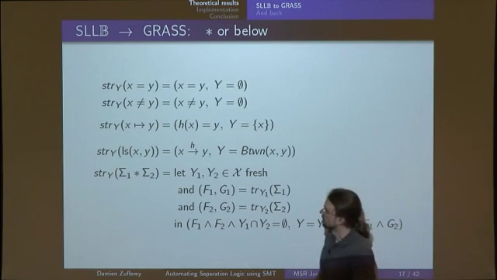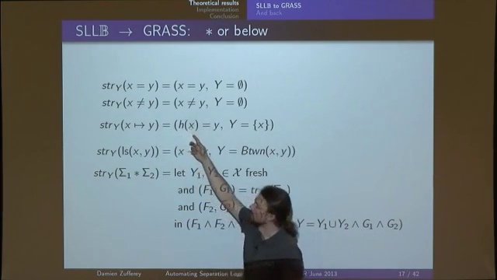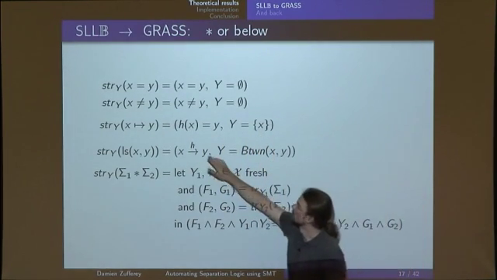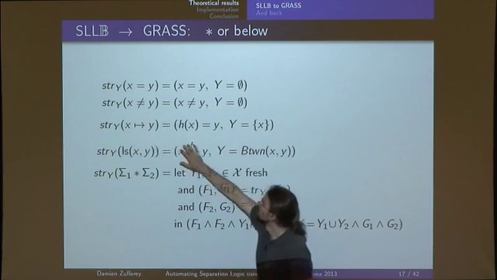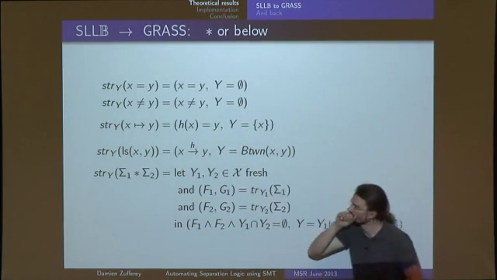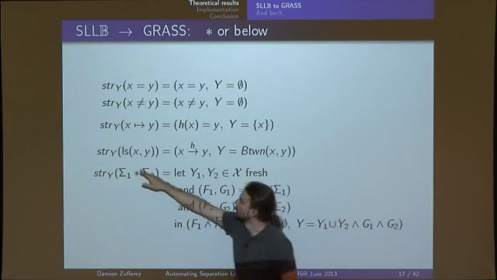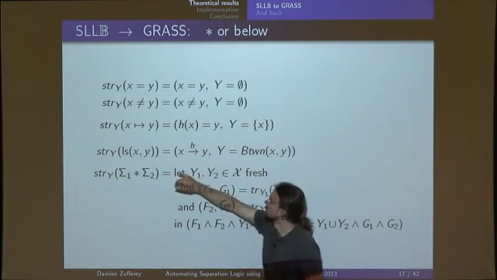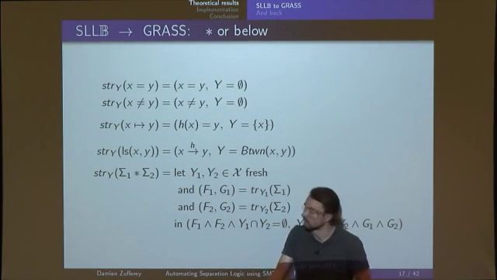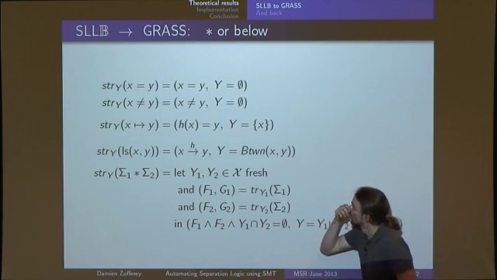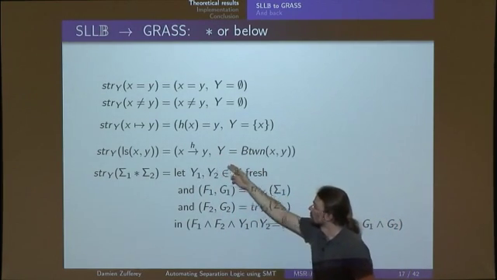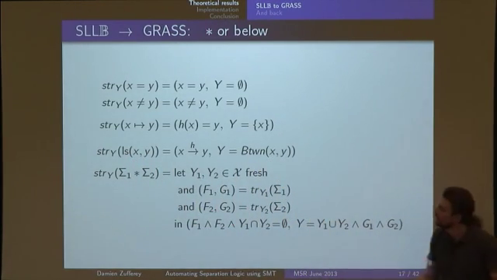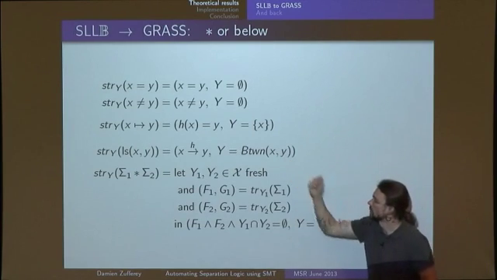Now for the translation of x points to y, we say that the successor is y, and the definition of the part of the heap over this formula is interpreted as x. Now for the list segment from x to y, we map directly to this graph from x to y, and the footprint of this formula is basically all the nodes between x and y, including x, excluding y.